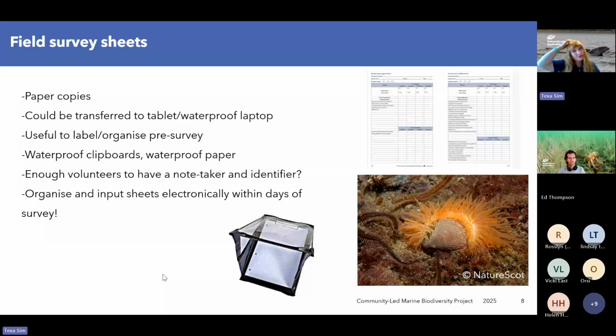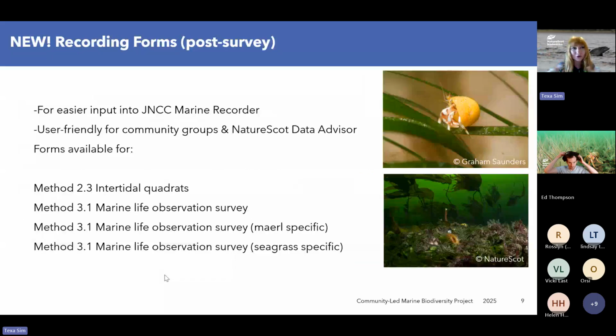So I'm going to quickly introduce the recording forms, the new ones that we have, courtesy of Ed, who's worked really hard to try and improve our recording forms. He's going to go through that a little bit, I think, if I've got the order of these slides right. But basically, this is once you've collected your data in the field, you've got all your information on those field survey sheets, and then you want to input them electronically.